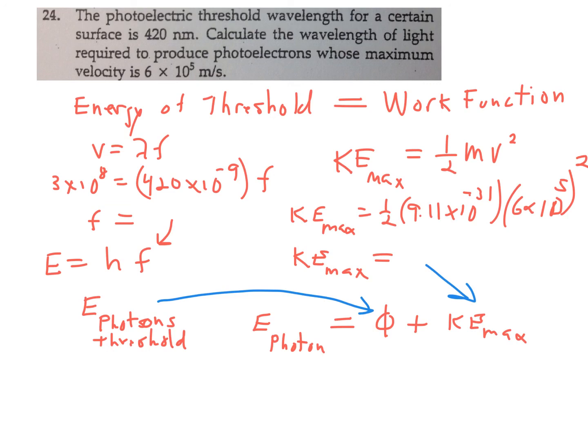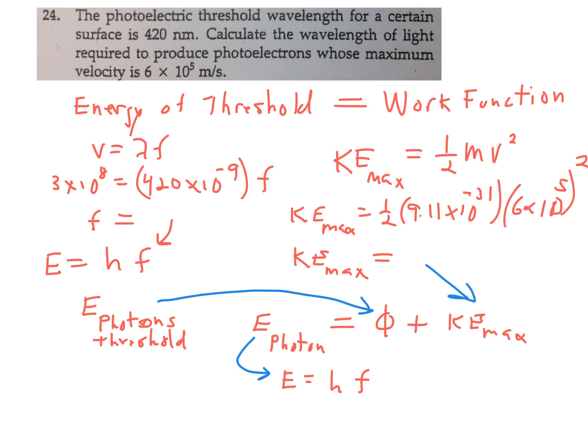So once you have that figured out, then you do E equals hf. That energy goes in here, and use Planck's constant to get the frequency of these particular high energy photons.